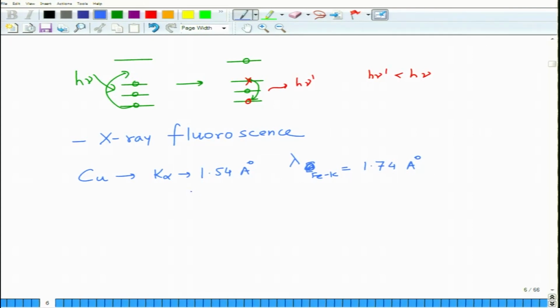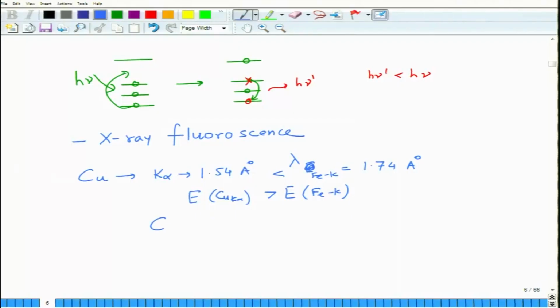So which means the energy of CuK alpha is higher than the energy of FeK, because this lambda is lower. So when you bombard iron with copper, copper has the capacity to excite the K electrons in the iron, which means it will create a lot of secondary X-rays.